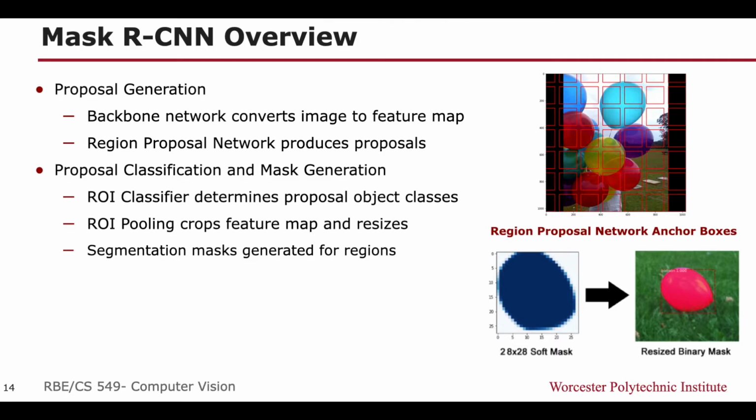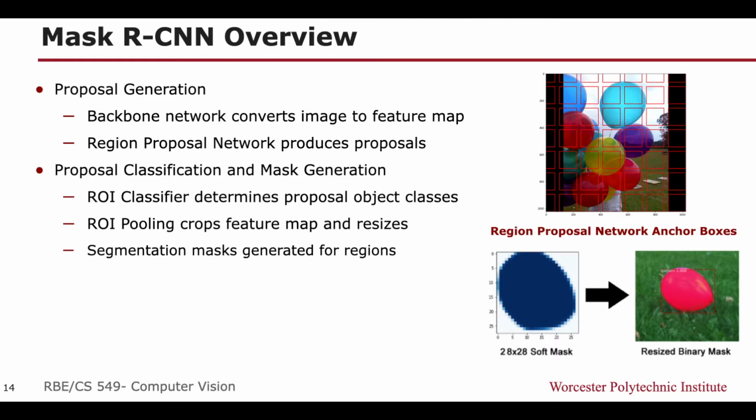And then a region proposal network produces proposals around each of those places of interest in the feature map, determining whether they're in the foreground or in the background. Then in the proposal classification and mask generation step, an ROI classifier determines the object classes of all of the foreground objects to determine whether they are houses or not houses.